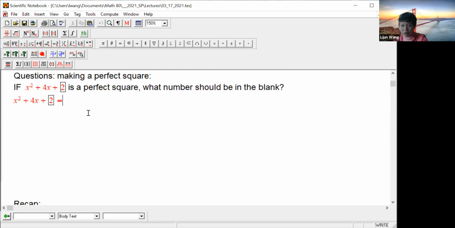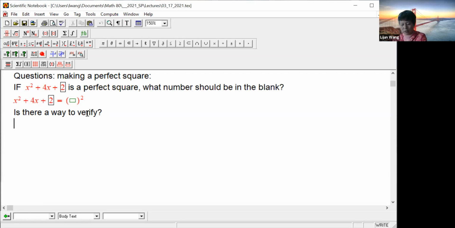If it makes a perfect square, what is that perfect square? Is there a way to verify you got the right answer? If you think this is 2, will this make a perfect square?